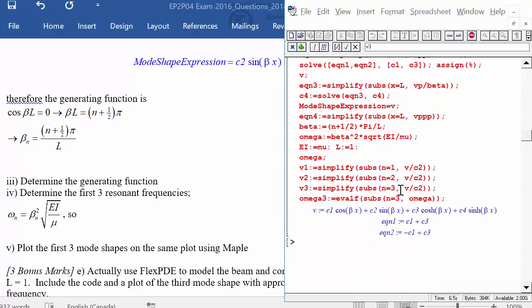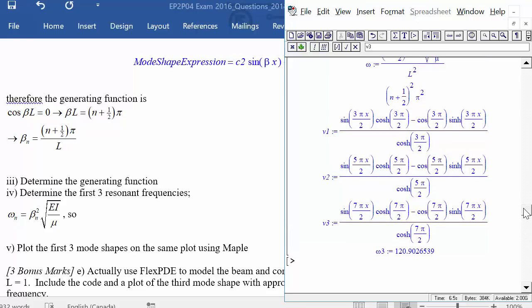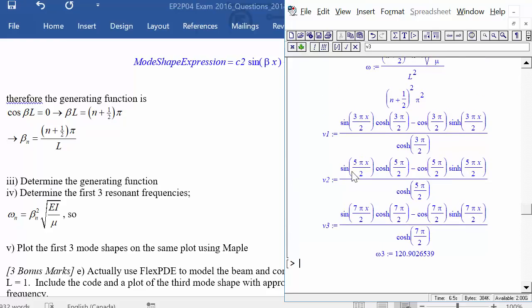And what we should see is that we've got an expression which I guess still isn't super obvious looking, but when we plot this, we expect something that's going to look like resonant modes of a pin and roller support.